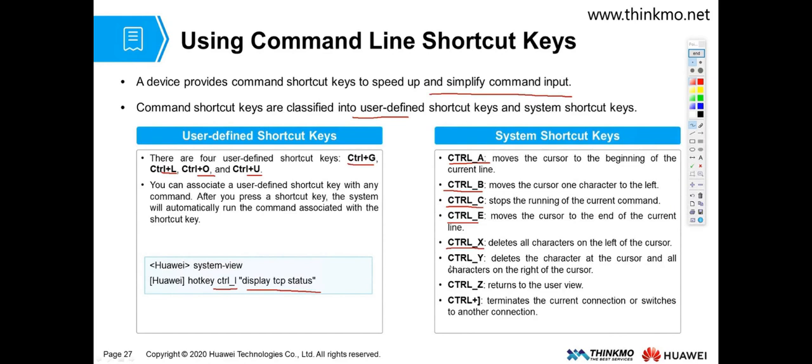Ctrl plus D deletes the character at the cursor, and Ctrl plus K deletes all characters to the right of it. Ctrl plus Z also means returning to the user view. Regardless of which view you're in, I can bring you back with Ctrl plus Z. Adding the right bracket, this represents terminating the current connection or switching to another connection.